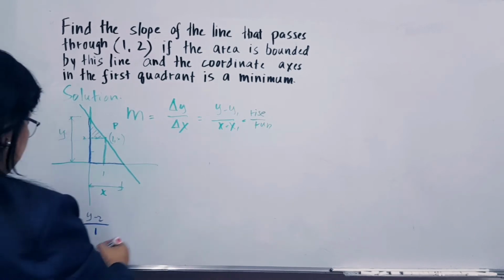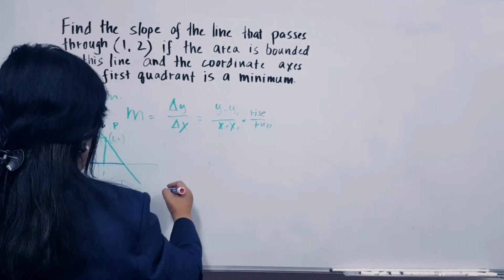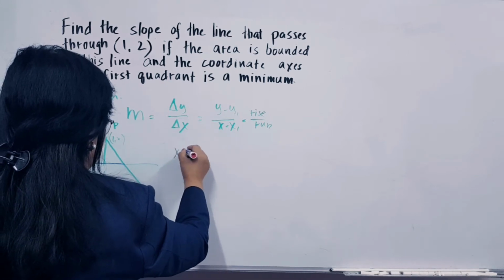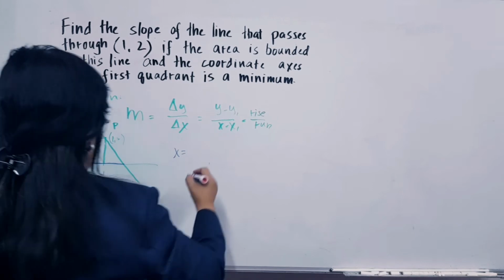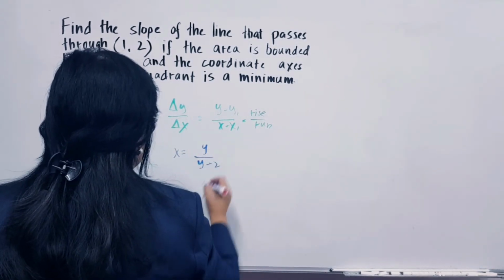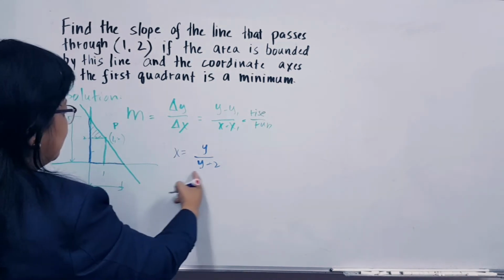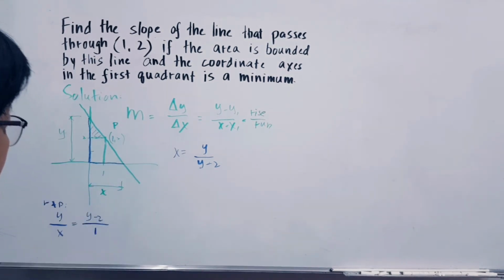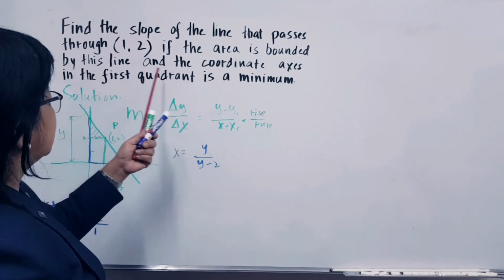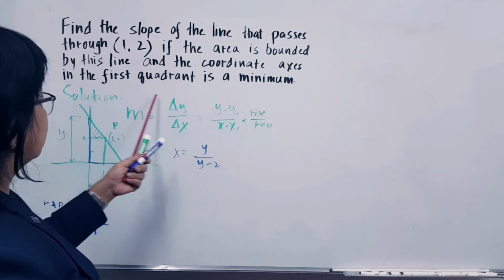Therefore, we can simplify this as x is equal to y over y minus 2. So we have the value of x now. And here, it's written that the area bounded by this line and the coordinate axes in the first quadrant is a minimum.